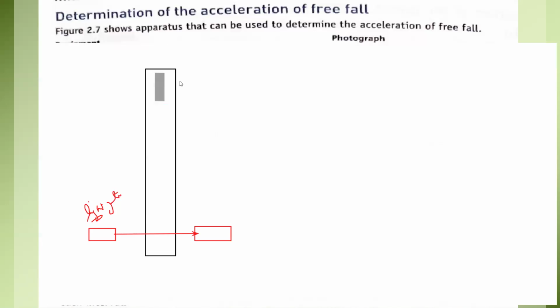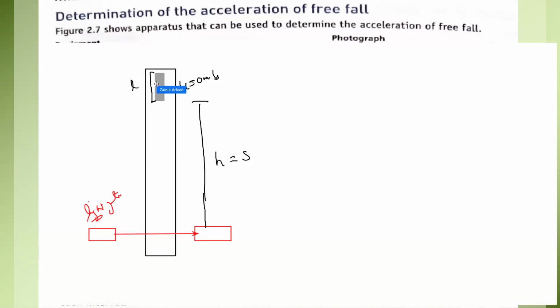So what will the starting speed be? The starting speed will be 0 because it is dropped from a certain height. So u is equal to 0 meters per second. Using a micrometer or a vernier caliper, we measure the length of this object. Now, from the position we drop it till the light gate, we measure this height.